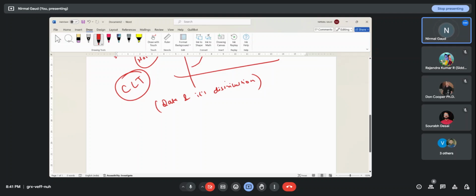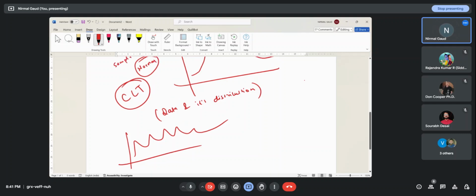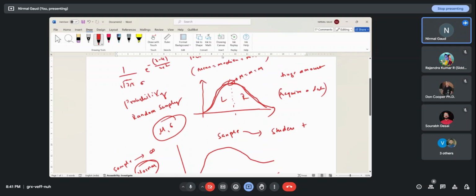Then only I can understand. If there is some irregularity, for example like this, what can you say about this data distribution? Nothing. Do you have any scope to talk about anything about this data distribution? No. But if you have data in this particular format, you can say something about it. You know what could be the mean. You know what could be the standard deviation.